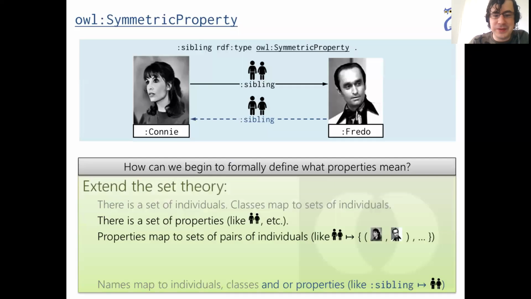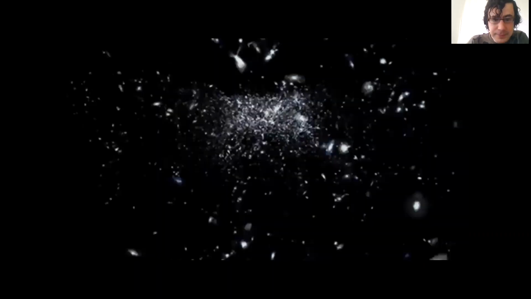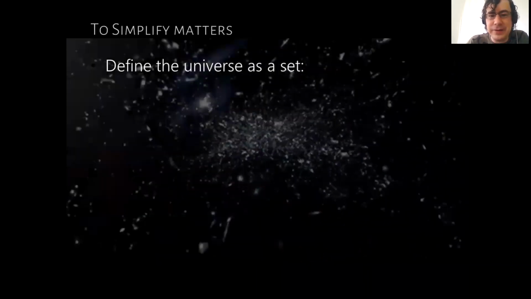So what individuals do we consider? How do we choose what individuals we're going to be describing here, especially if we want something general enough to describe the universe or beyond? The simple answer is, if we want to describe everything, we simply define the universe as a set.